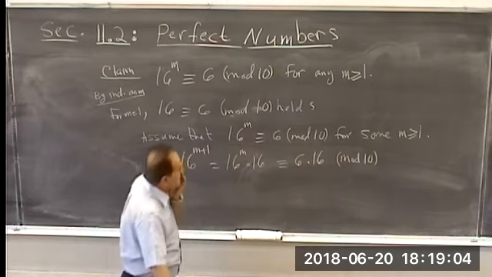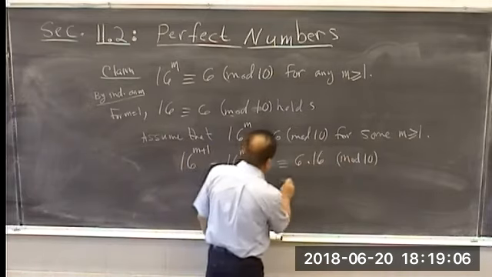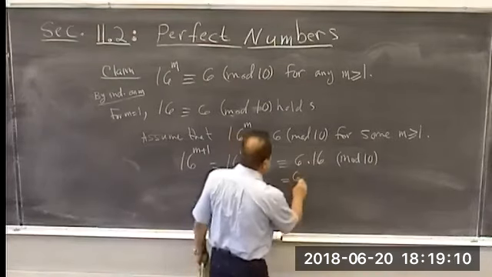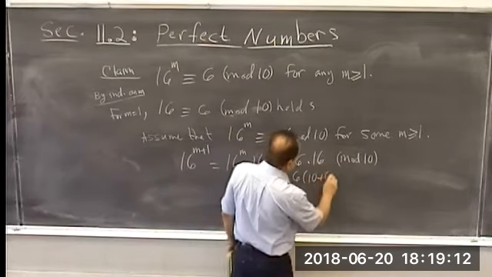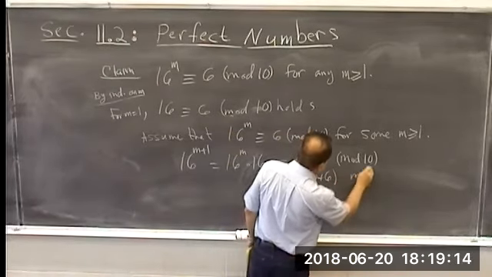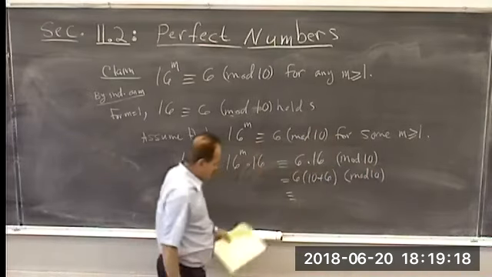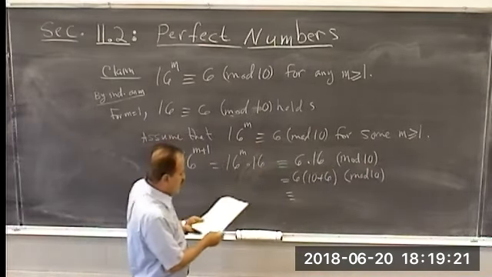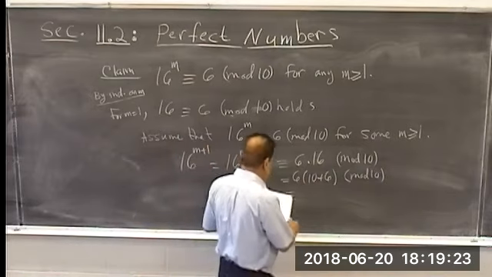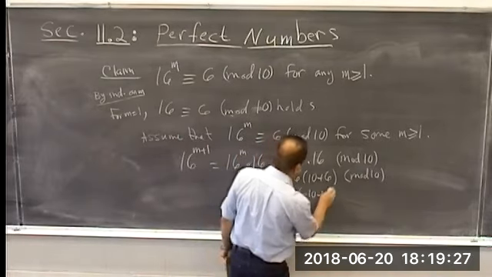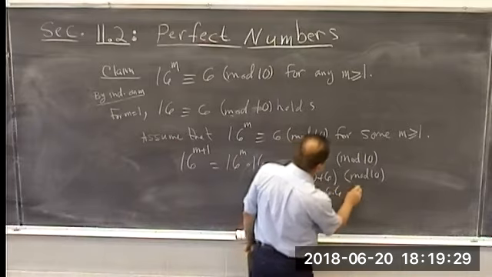And when you multiply this, you can write it as 6 times 10 plus 6, and this gives us 6 times 10 plus 6 times 6.